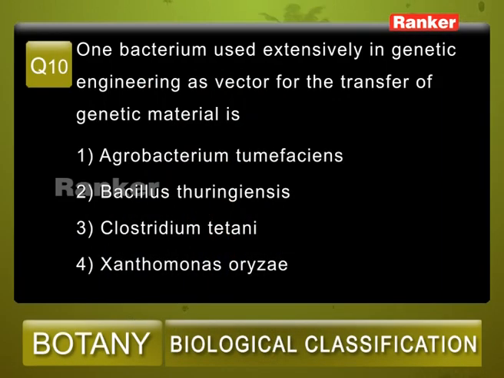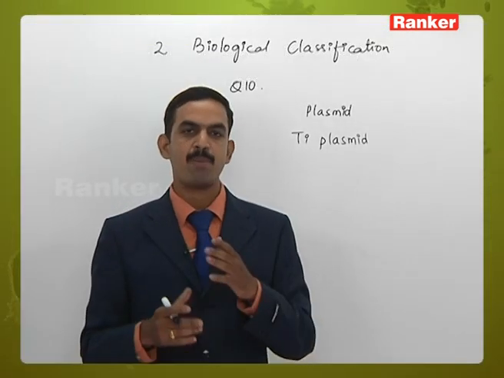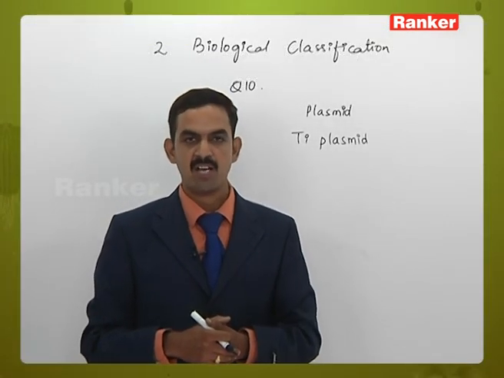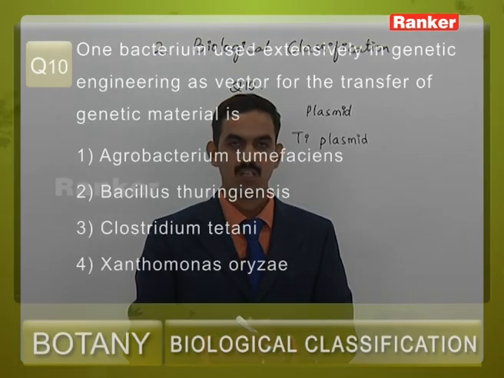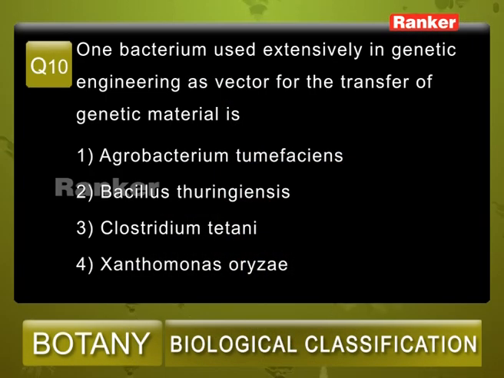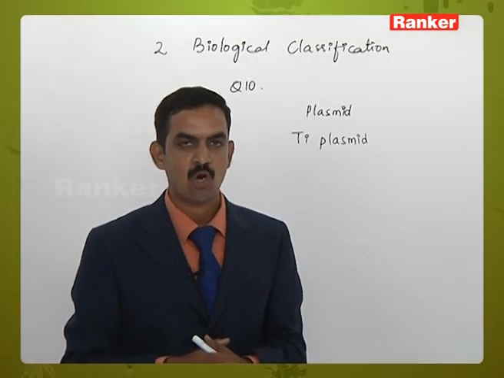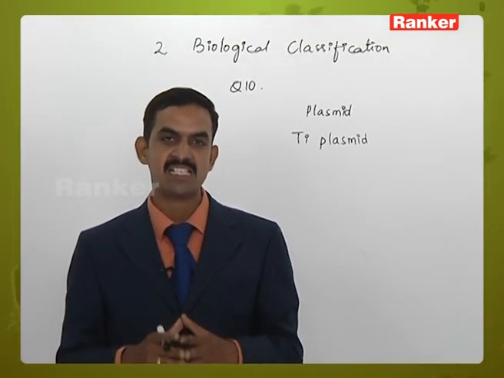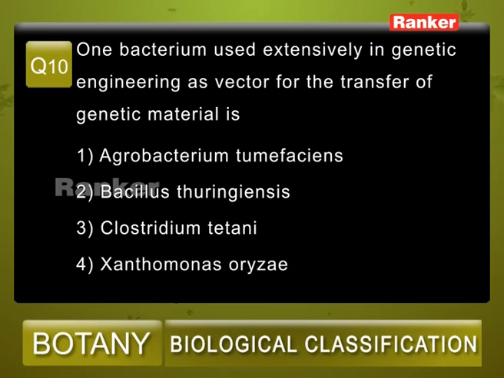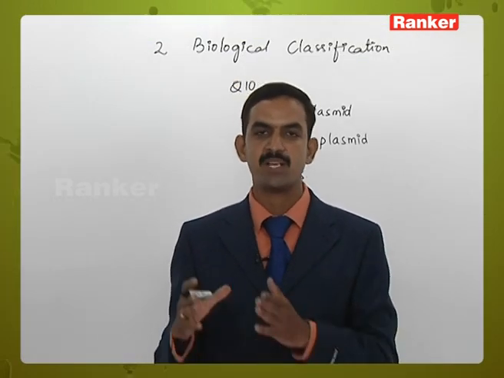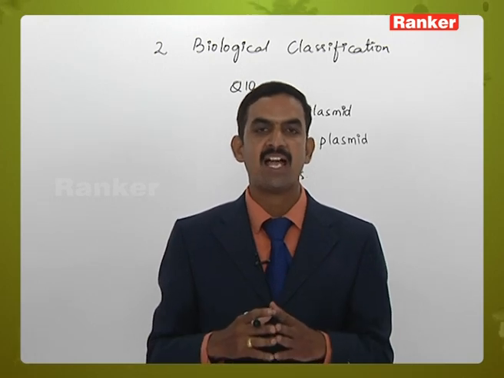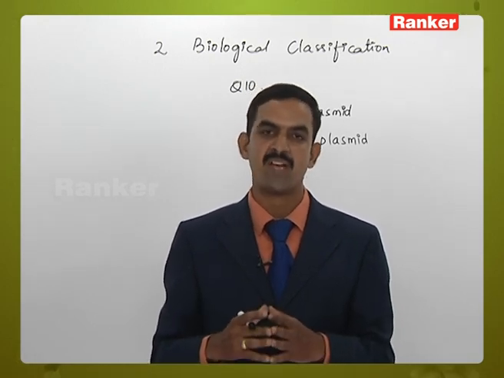The third one is Clostridium tetani. This is a pathogenic bacterium which causes a disease in human beings. The fourth one, Xanthomonas oryzae, is a microscopic organism which causes disease in rice plants. Out of the given options, Agrobacterium tumefaciens is a bacterium which contains a plasmid, called the Ti plasmid, which is used as a vector.